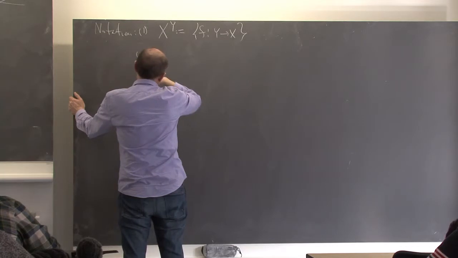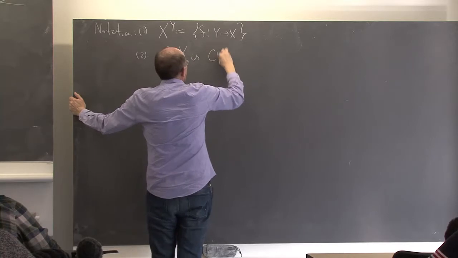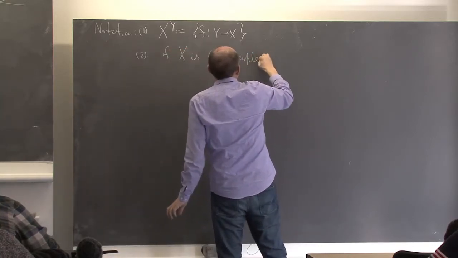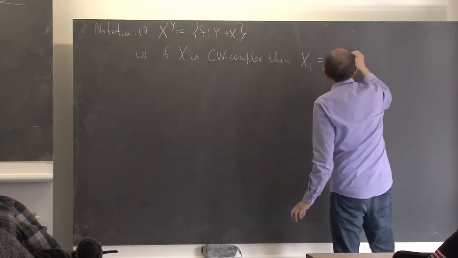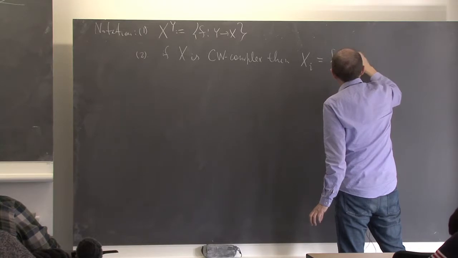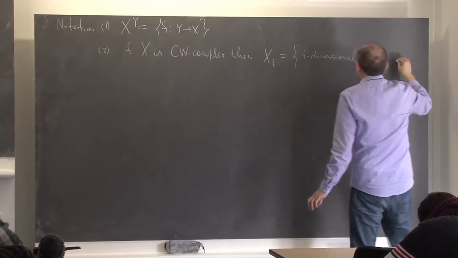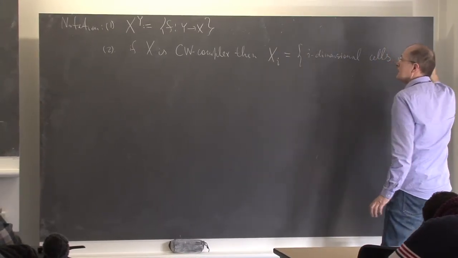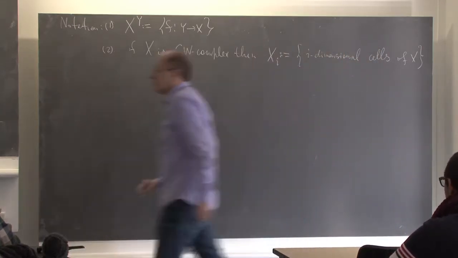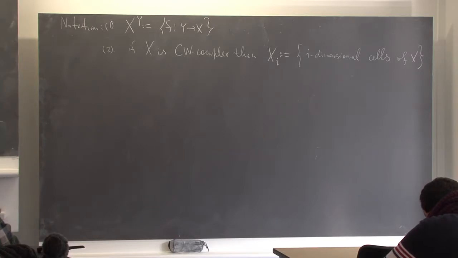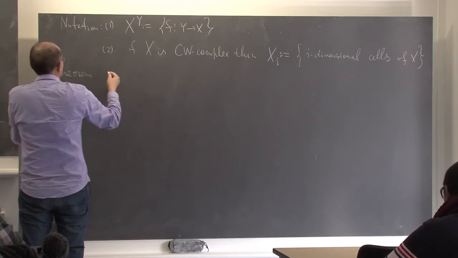The second notation I will be using: if X is a CW complex, then X_i will be the set of i-dimensional cells of X. Now a theorem, which is actually three theorems, but I will put them into one theorem with three parts.